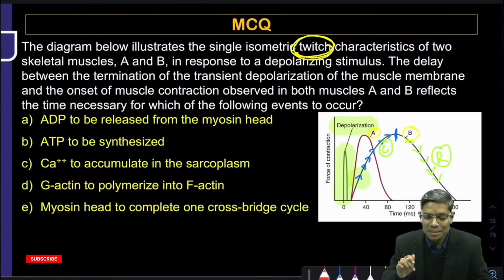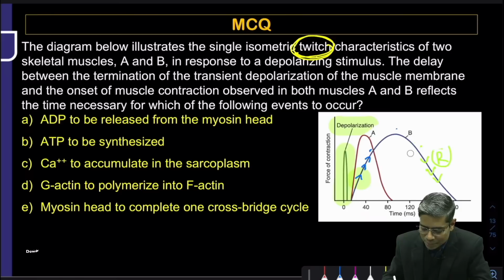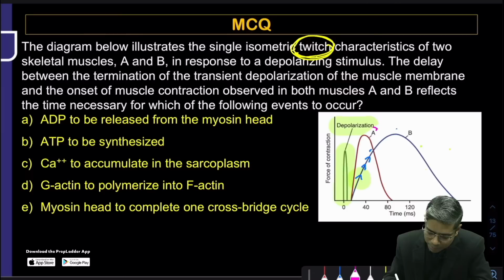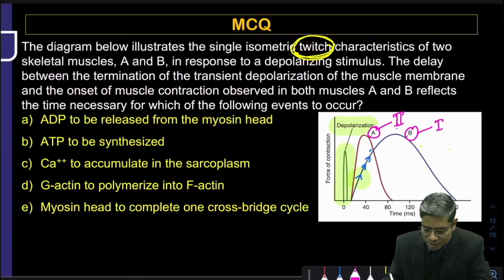So, if I give this graph and ask which one is the type 1 muscle and which one is the type 2 muscle, graph A is the fast twitch muscle, that is the type 2 muscle, and graph B is the slow twitch muscle, that is the type 1 muscle. First, you have to understand this.